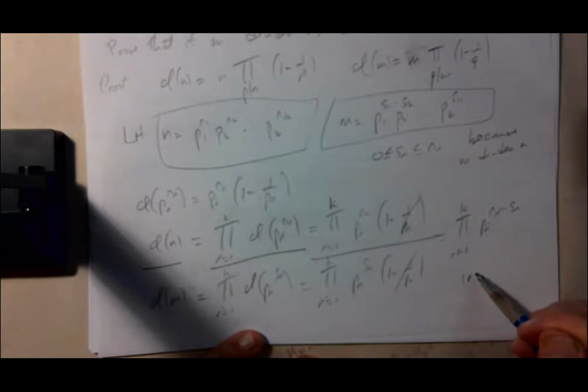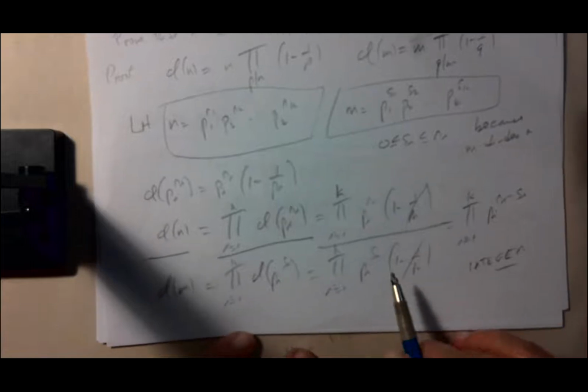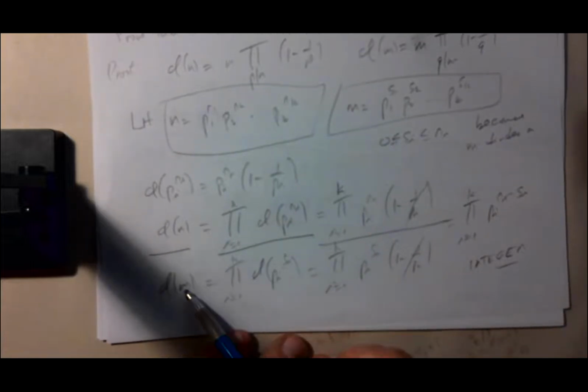This is an integer. So phi of n divided by phi of m is an integer. That means phi of m divides phi of n. So that is one way to prove this.